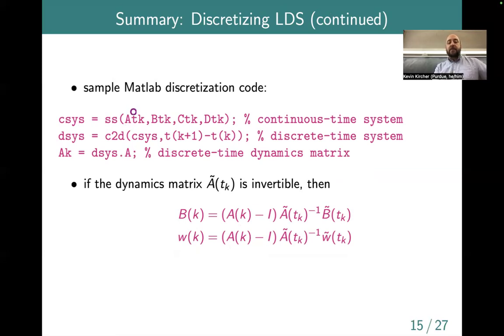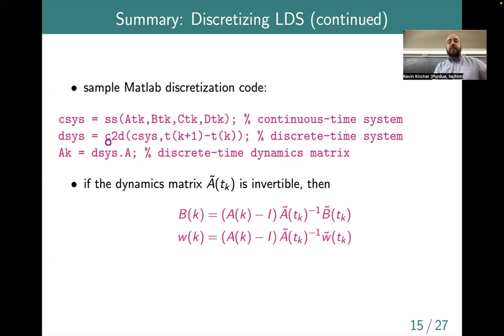And we put in the matrices A, B, and then you can also put in C and D if there's an output equation or a measurement equation. Very often C is just the identity matrix, meaning the output Y is the same as the state X. And then D, usually you just put in a zero matrix with the appropriate dimensions.